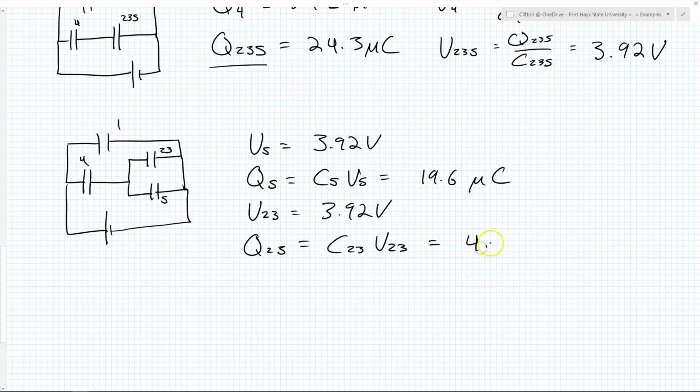I get 4.70 microcoulombs. And finally, that effective capacitor for 2 and 3 represented two capacitors that were connected in series. So I'm going to unpack those.